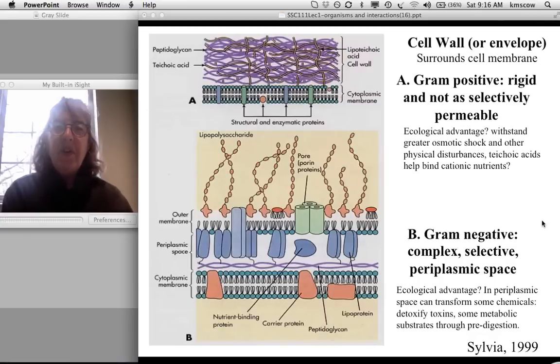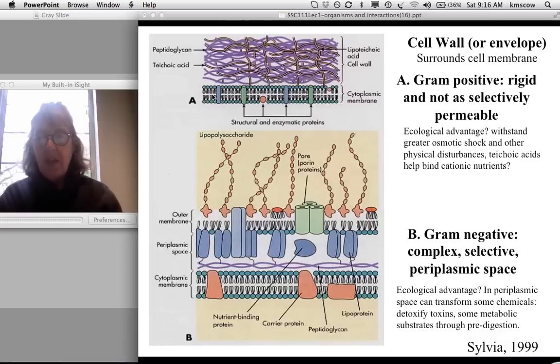Okay, another important aspect of bacteria, and archaea as well, is their cell wall, or their envelope, that is surrounding the cytoplasmic membrane, the membrane enclosing the cell itself. So we have two major kinds of cell wall structures that are pretty easy to differentiate with staining and a microscope, and you'll do it, in fact, in the next lab.